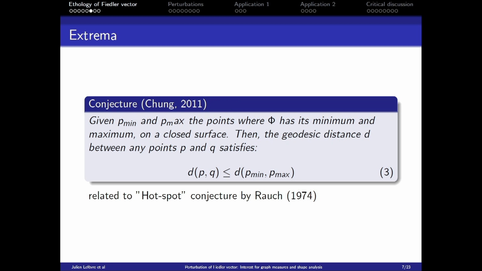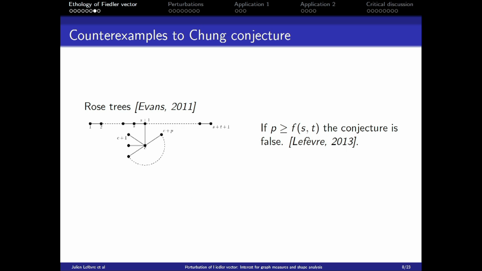This conjecture is related to a famous conjecture, the hotspot conjecture, proposed 50 years ago. It's quite funny because a lot of people have worked on it, in particular Terence Tao, and a few results have been obtained for this conjecture. So it has a real mathematical motivation behind it. There are counterexamples to Chung's conjecture, for instance with this class of graphs where you have a line graph and a star graph that is glued to this path graph.